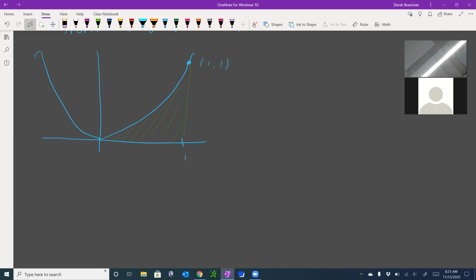Okay, so the first thing we have to do is break it into n equal width rectangles. So I want n rectangles, starting at 0 and ending at 1. So how wide should each of the rectangles be?